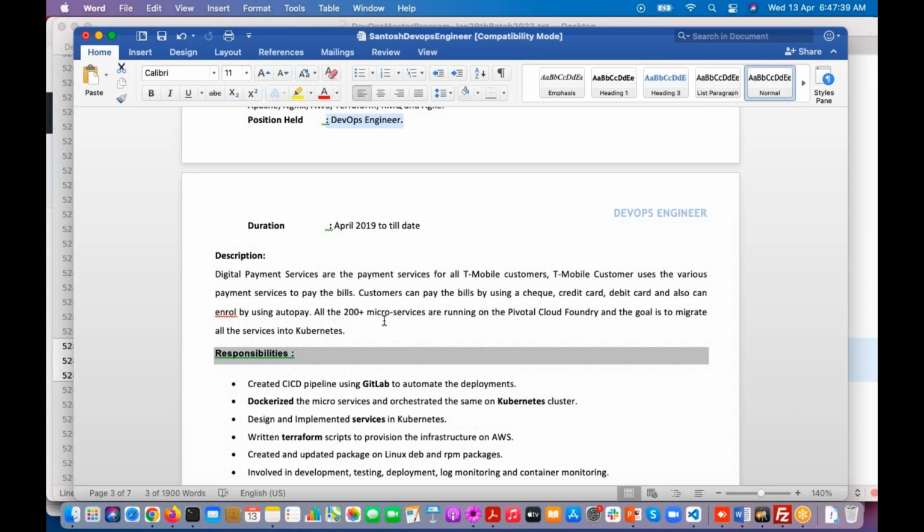You should have good communication skills when your experience is growing, because you have to work directly with the clients. Your clients may be from the US or UK, so their accent is different. Initially, guys, from day one I've been working with US clients in my career, and initially I struggled a lot to understand their accent, right?